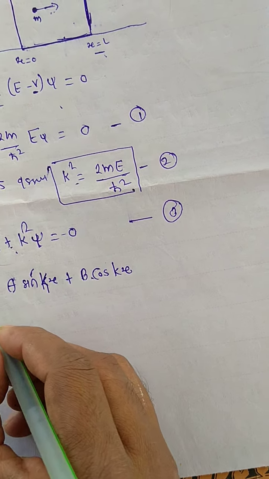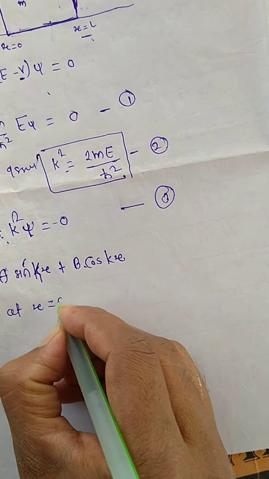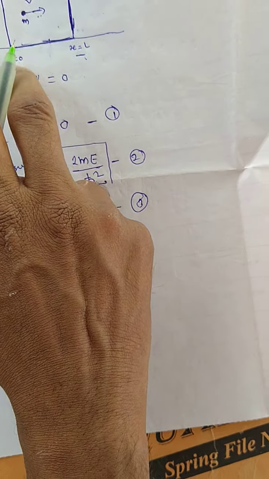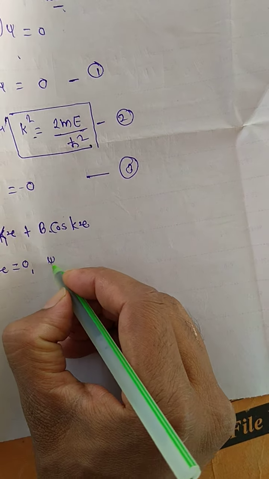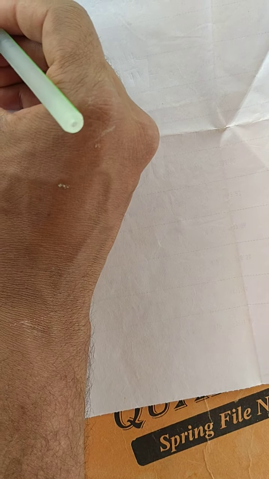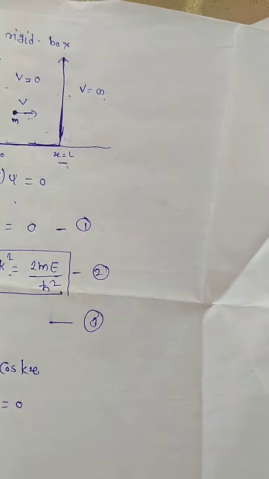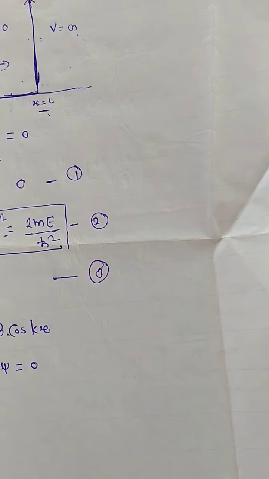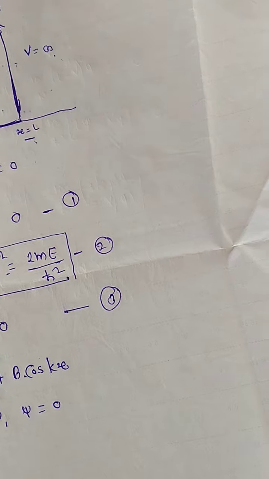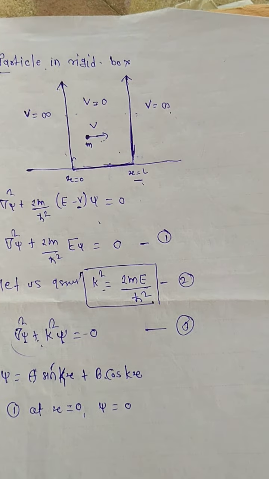What are the boundary conditions? First, at x is equal to 0, psi is equal to 0, because at x equal to 0 the particle is at rest, and particle at rest means wave function is 0, since wave function is produced when the particle moves with velocity v.